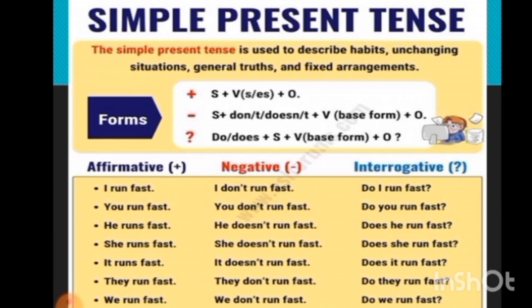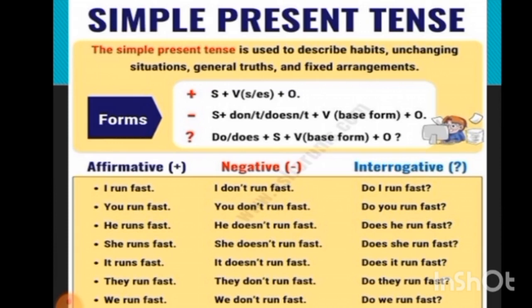Here are the examples in front of you. I run fast. These are the positive or affirmative sentences. In the red text, these are the negative ones, and the last is interrogative.